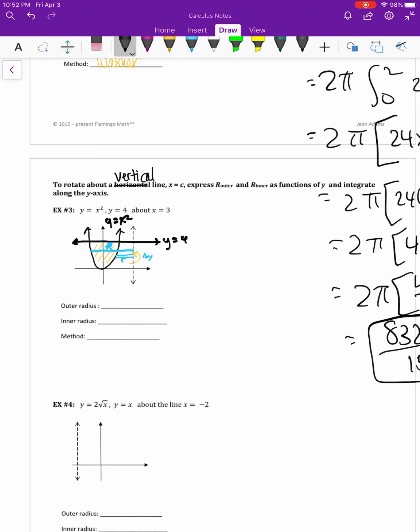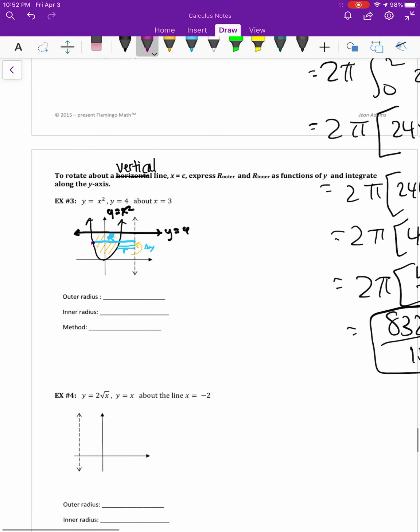Okay, so our outer radius. Let's think about if we picked a point on the function. Okay, let's see, I'm going to pick a point in pink. If we picked a point on the function and we imagined, okay, so this would be x and this would be y.